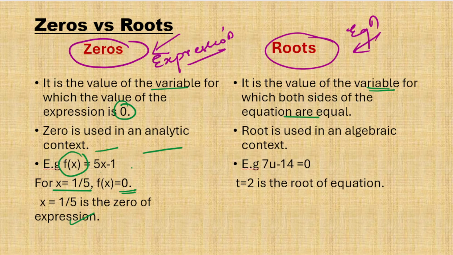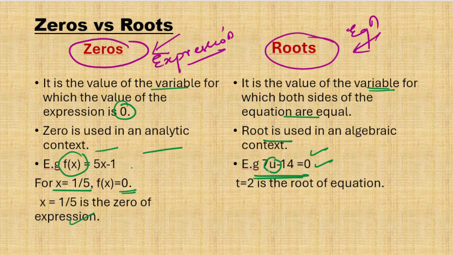As we know, in an equation we have a left hand side and a right hand side, two sides separated by an equal sign. The value of the variable for which the left hand side and right hand side become equal is known as the root of the equation.